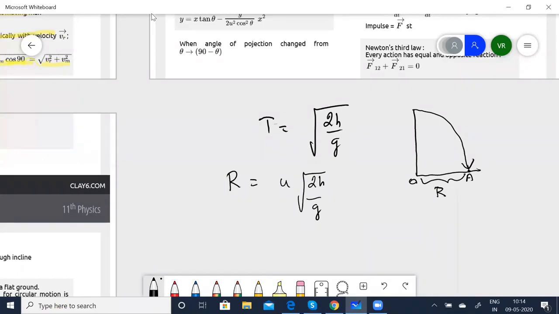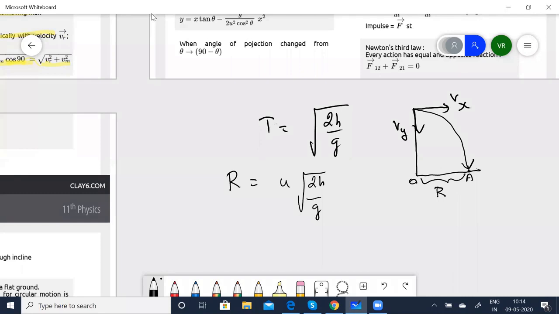Remember, the velocity is always resolved into two components, one along the x-axis, that is Vx, and one along the y-axis, that is Vy. Or you can tell it as V cos theta and V sin theta, because whenever the object is moving along the x-axis, we take cos theta, and the motion along the y-axis is taken as sin theta.